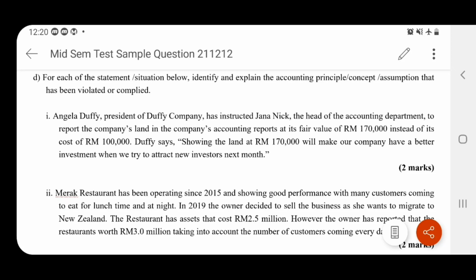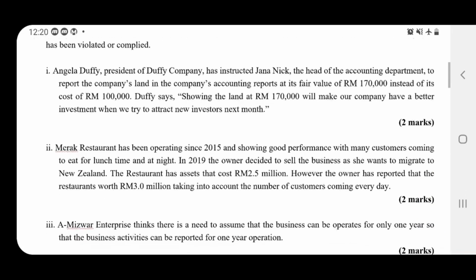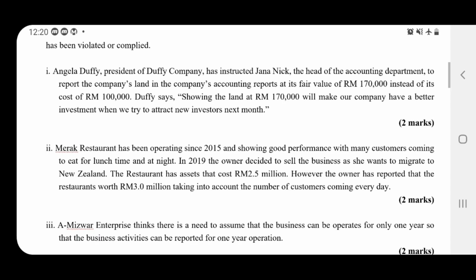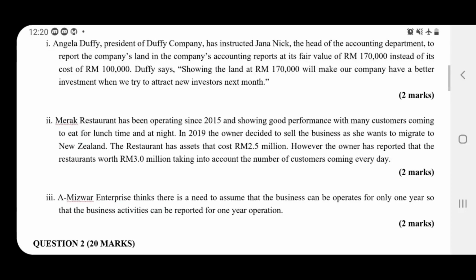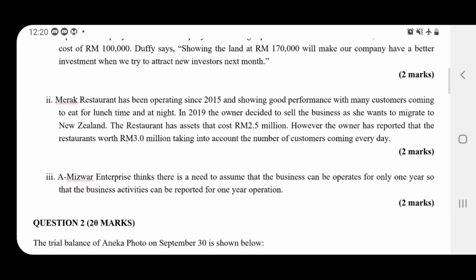So for this land, it has to be recorded at $100,000, which is the cost of the land when the company purchased the land. Okay, so the answer for scenario 1: the scenario shows that the principle of historical cost has been violated.